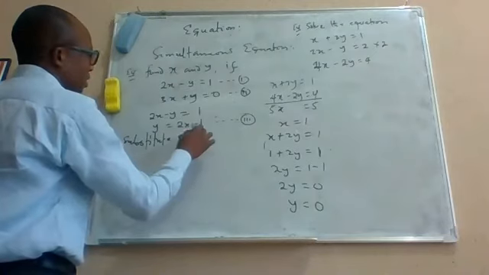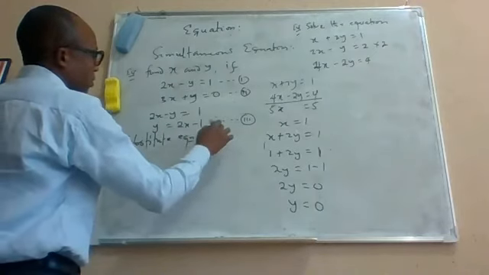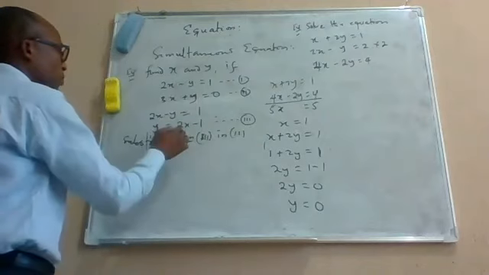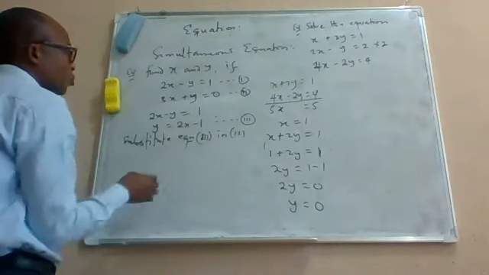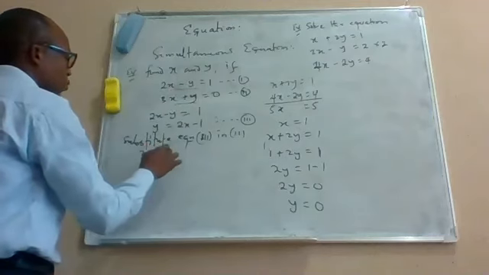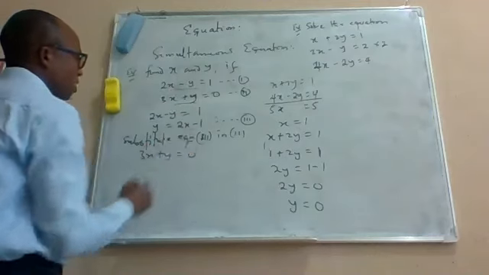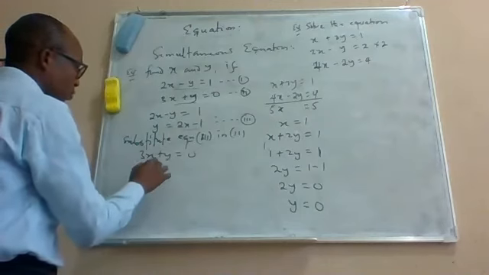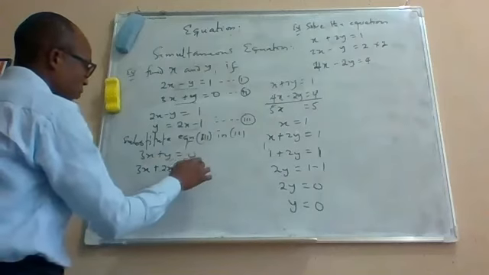When you have y in equation 2, which is 3s plus y equal to 0, I want to replace y with 2s minus 1. So this will be 3s plus 2s minus 1 equal to 0.